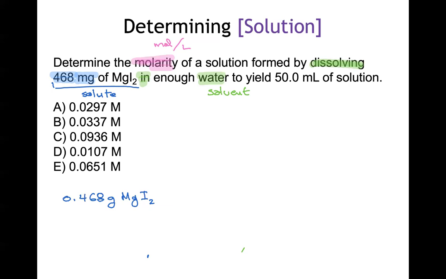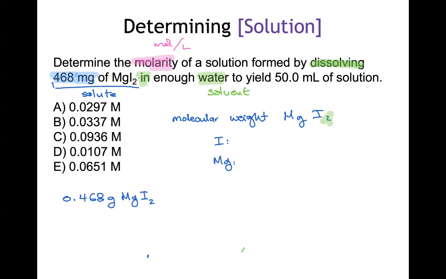Milli is 10 to the -3. So that's grams, but ultimately I need moles. So I need to calculate the molecular weight of magnesium iodide. I have 2 iodine per 1 magnesium. So I'm going to take a look at the atomic weight of iodine in the periodic table.